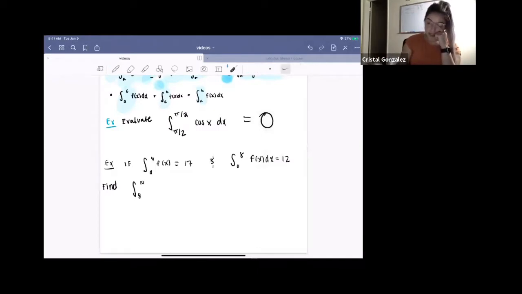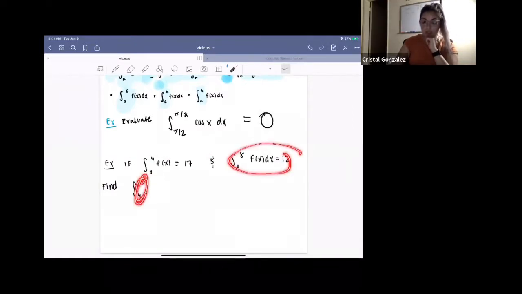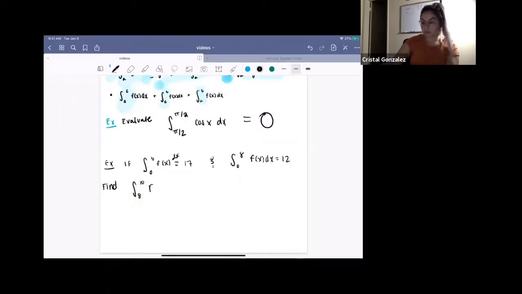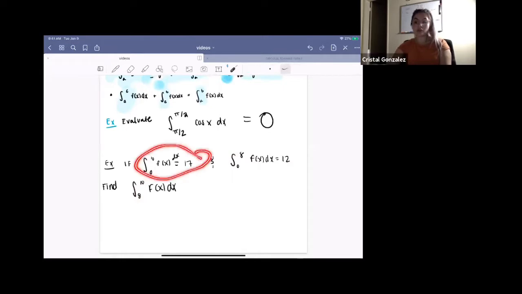They gave us the integral from 0 to 10 and from 0 to 8, but we only know the area between 0 to 10 and 0 to 8. So how do we find this area?